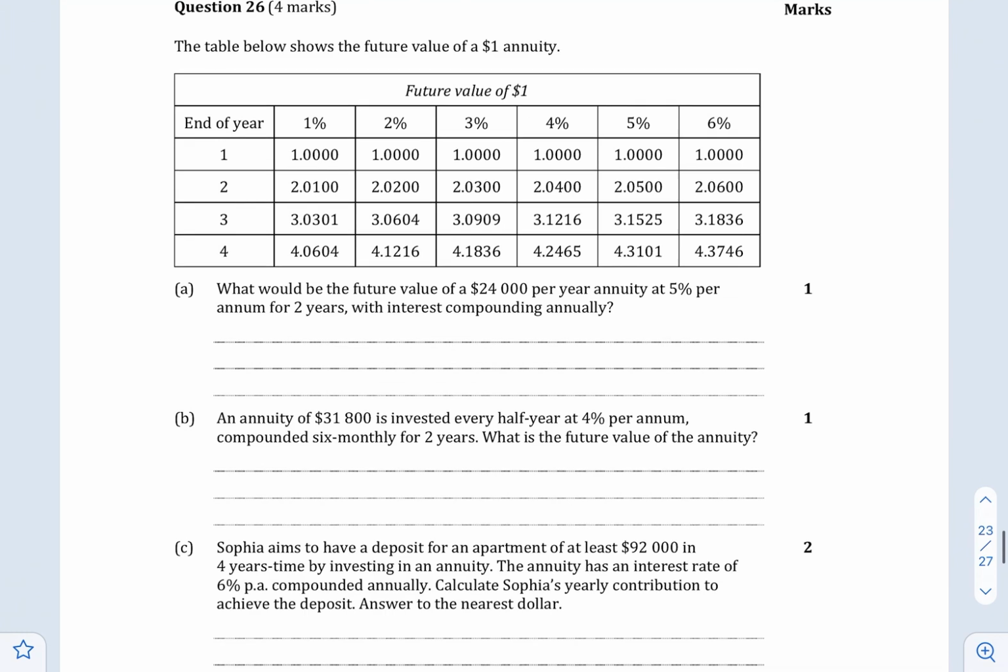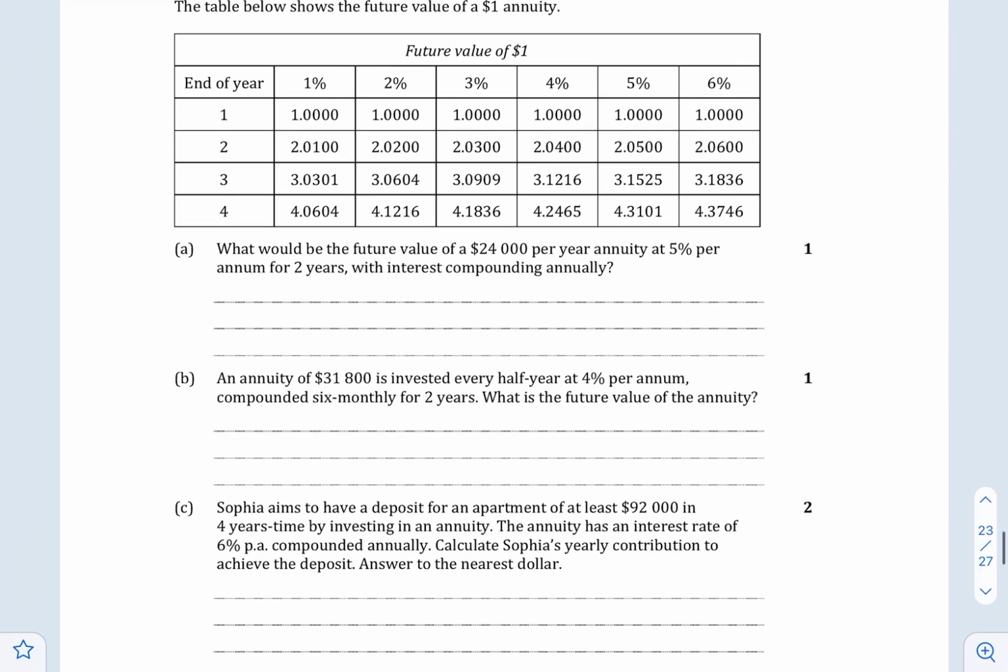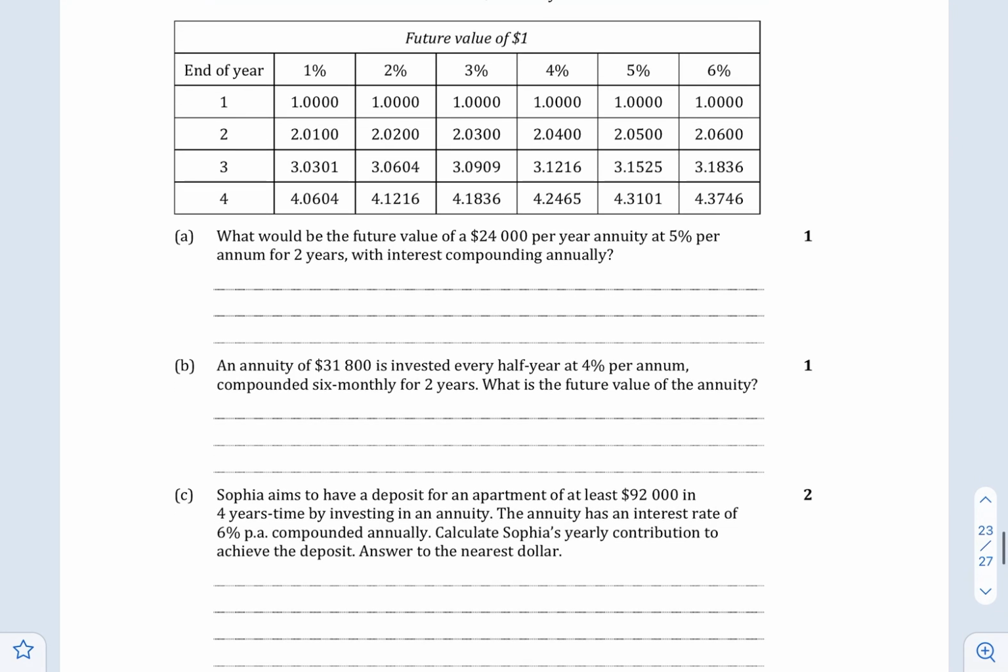Next and final question, we've got a table for future value of annuities. Now the future value, first of all, we need to look at, it's 5% per annum for 2 years, compounded annually. Great, so we just want 2 years for 5%, that's this value here. We just have to multiply the 24,000 by that 2.05, and if you want you can include the 2 zeros, but that doesn't actually make a difference.